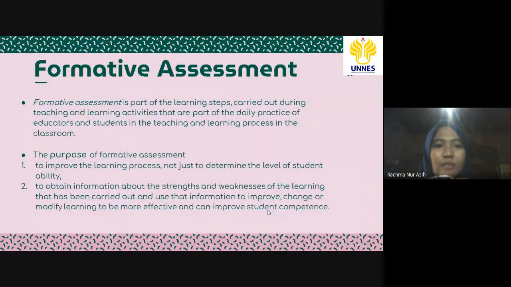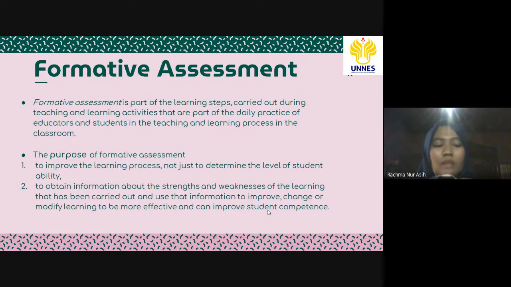The second is formative assessment. Formative assessment is part of the learning steps carried out during teaching and learning activities that are part of the daily practice of educators and students in the teaching and learning process in the classroom.